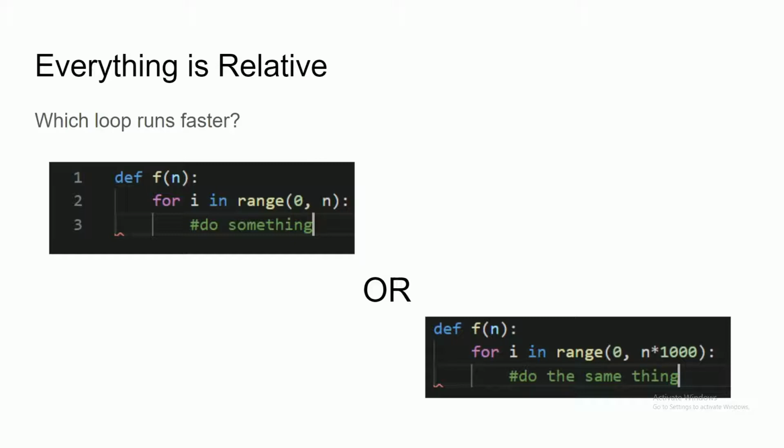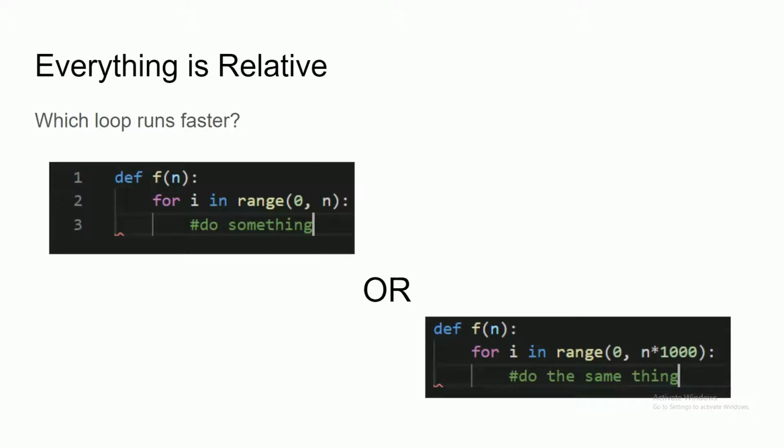Now, if we double the input size to 2, how many times are these loops going to run each? Well, for 1, our top left loop here ran once, and for n equals 2, it's going to run twice, because that's just how the loop is defined.